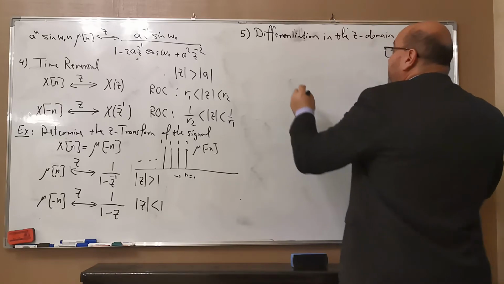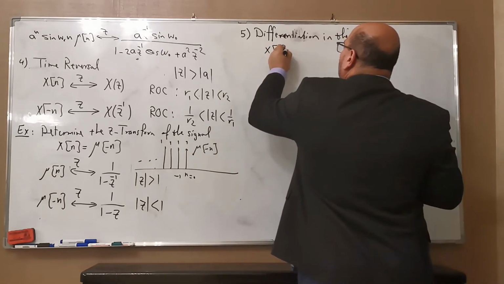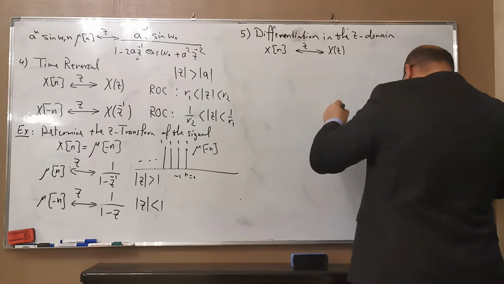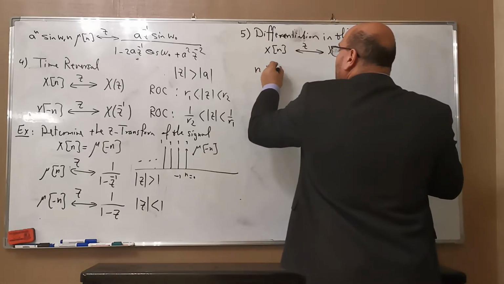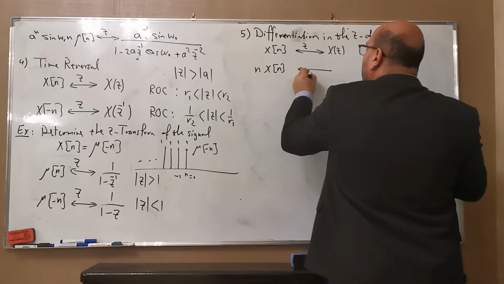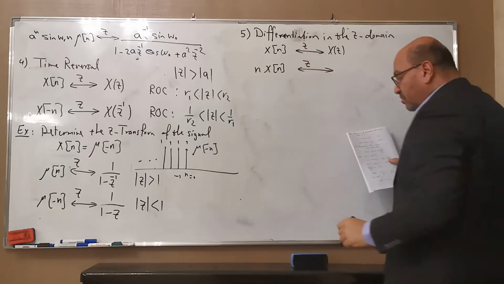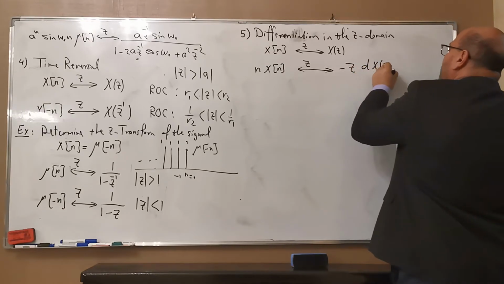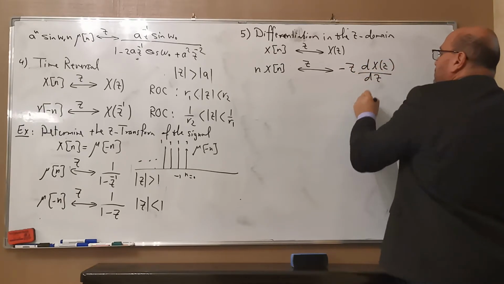Differentiation in the z domain, if you have x of n that has the z transform of x of z, then n x of n has the z transform as minus z dX of z by dz.